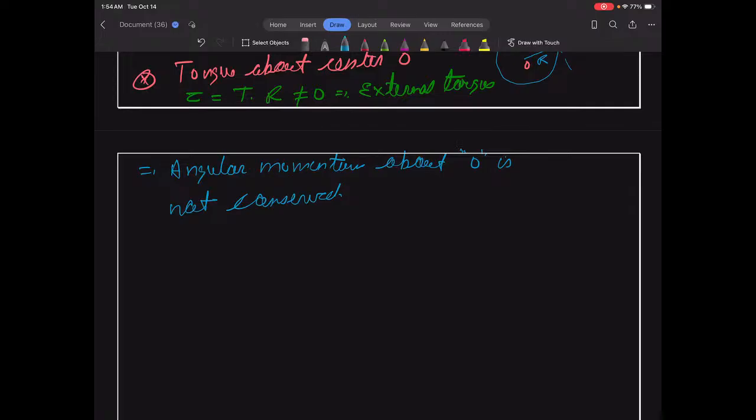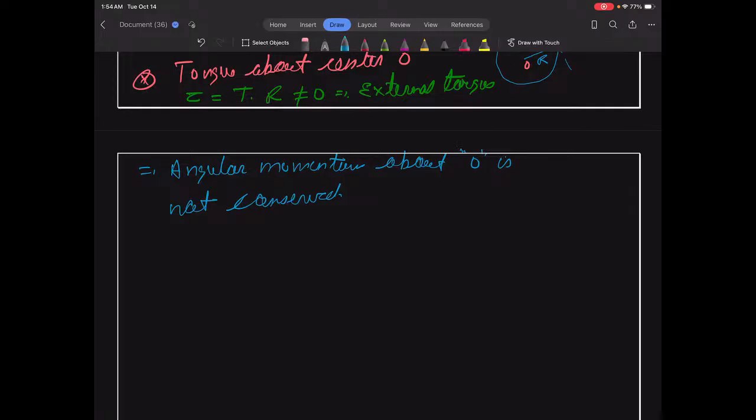And our linear momentum will not be conserved, because the tension T is going to generate external force and it is always going to change the velocity.